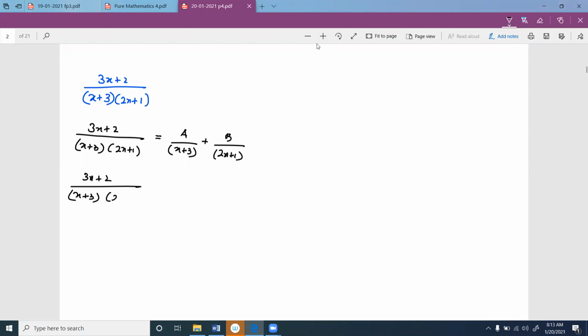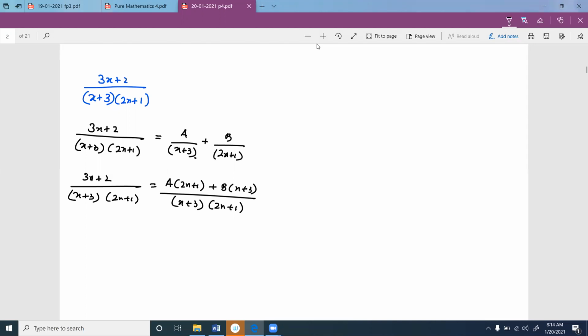Then you can write this as a times (2x plus 1) plus b times (x plus 3) over (x plus 3)(2x plus 1). Let's see how to work this out. I just get the LCM. Then if I want to find what number a is to be multiplied with, cover x plus 3 in this denominator.